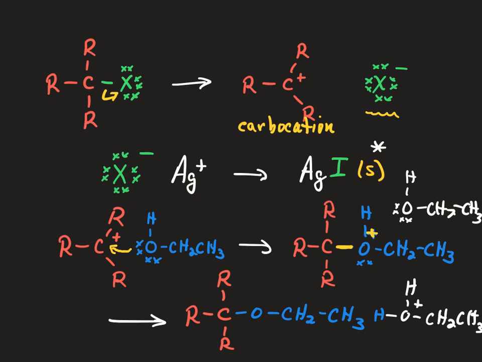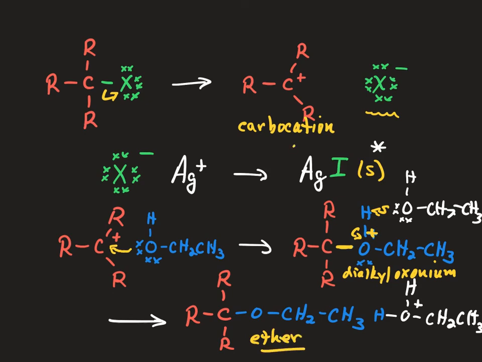We end up with a protonated ether, what we could call a dialkyl oxonium ion. And so another molecule of our ethanol can act as a base, take that hydrogen ion, and then we end up with our ether product, that we can't see.